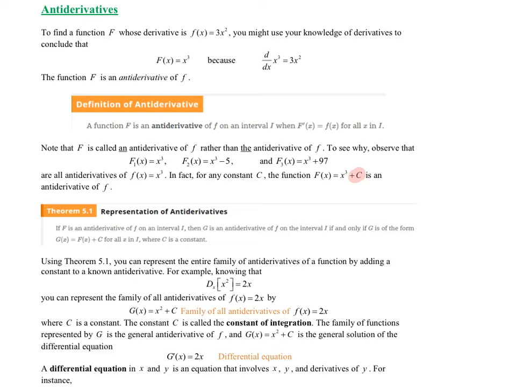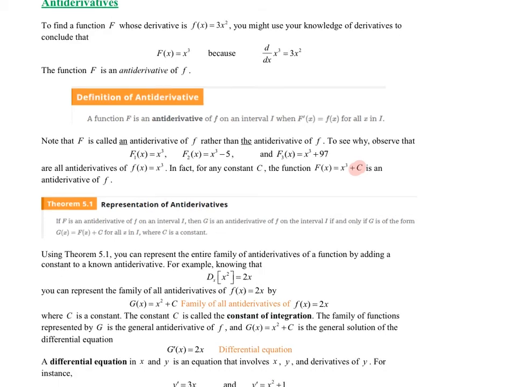In other words, all antiderivatives have to be equivalent except for adding or subtracting a constant. So if you have an answer that's an antiderivative and I have an answer that is an antiderivative, the only way they can differ is by a constant. So that's what Theorem 5.1 says.